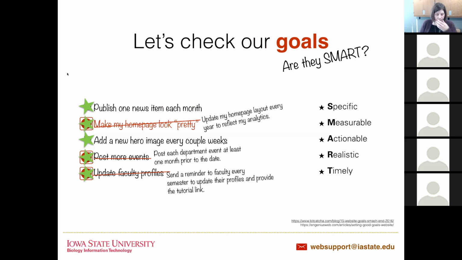Like maybe, for example, you use it as your website calendar, where you can put all the items for the department events that you're going to want to promote, and then you can make a note for yourself a month prior to add that event to the website.